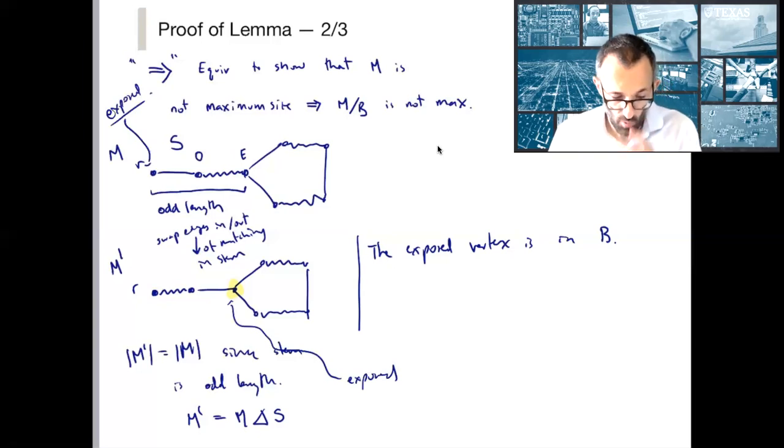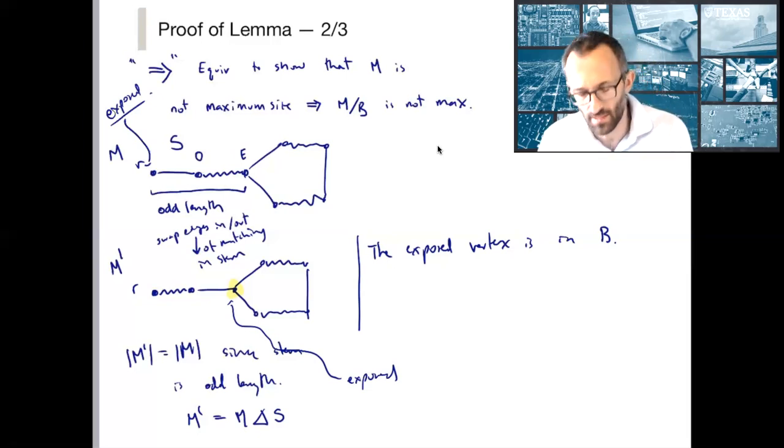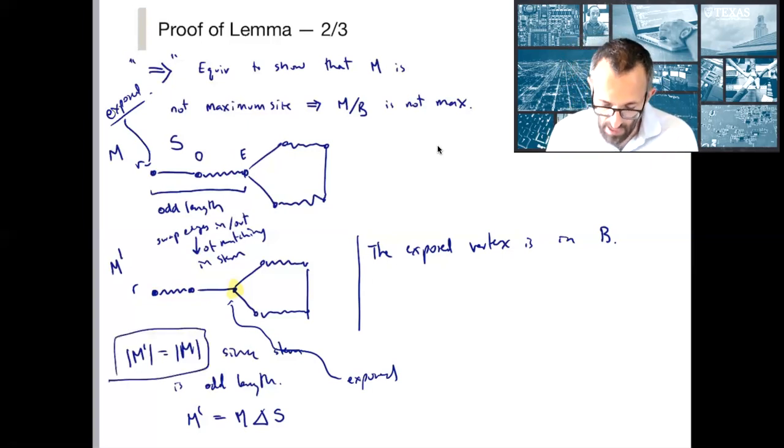So now what do we have? If M is not maximum size, as we mentioned, this implies that M dash is not maximum size. And by our characterization of maximum matching from two lectures ago, that means that there exists an augmenting path in M dash.